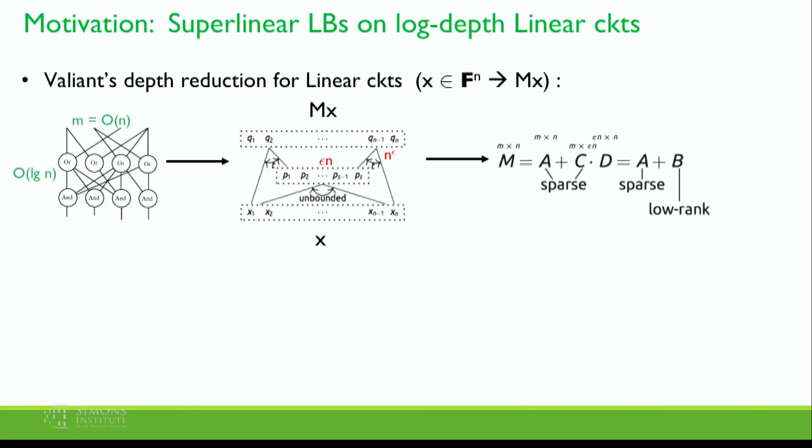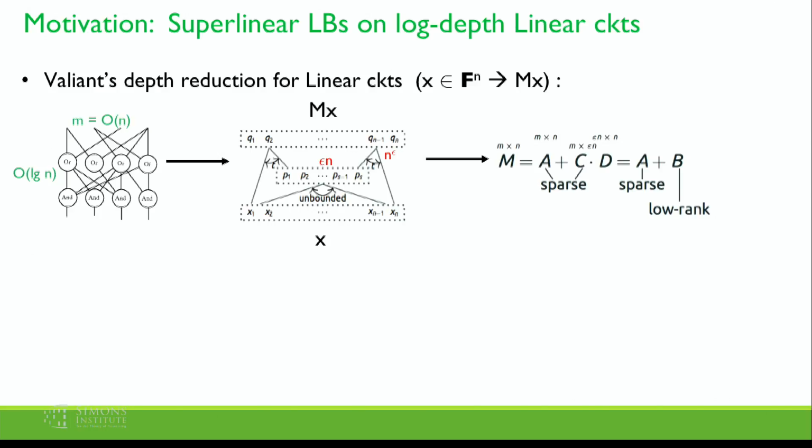I'm not going to explain this, but you can see this. The sparse factor B comes from the fact that each query reads only n to the 0.1 input elements. And the low rank part comes from the middle layer. It's low rank just because it has dimension n over 1,000.